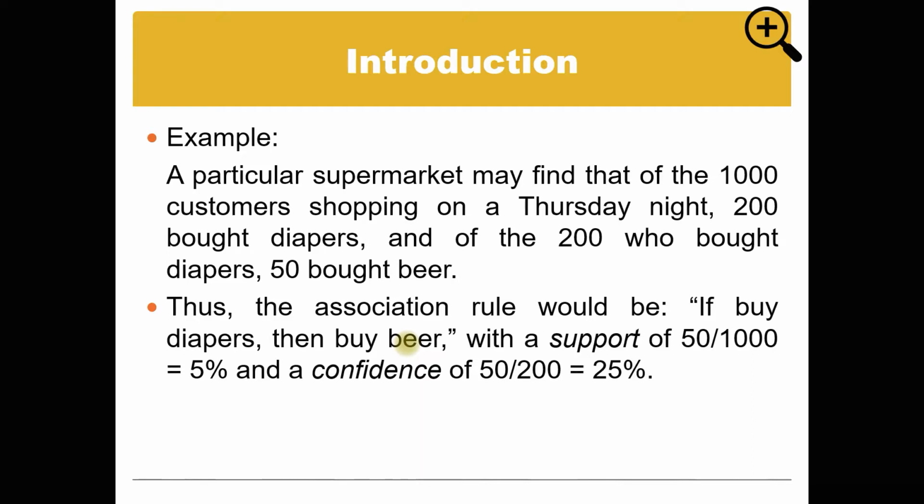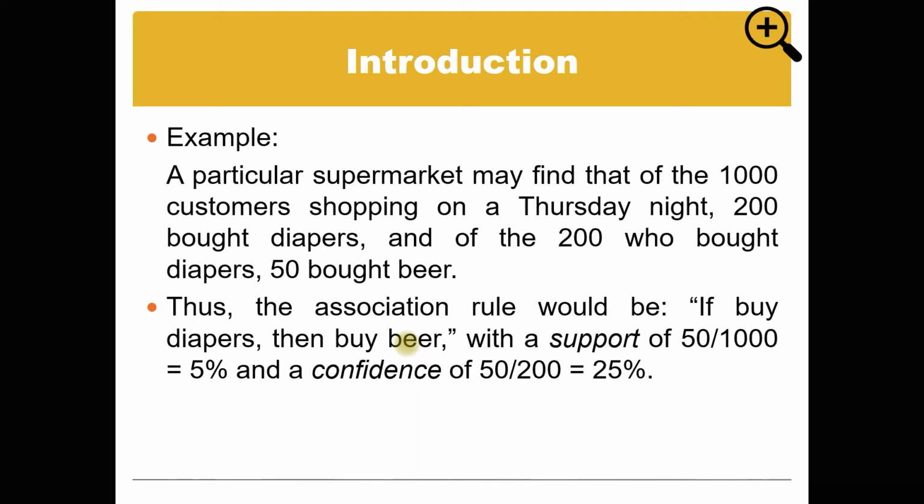Now, note that it's not always about buying items. You can develop association rules for other kinds of attributes. It's not always about just supermarket items. An example would be the Titanic data set. If a person is in third class, is it associated with survival or not?